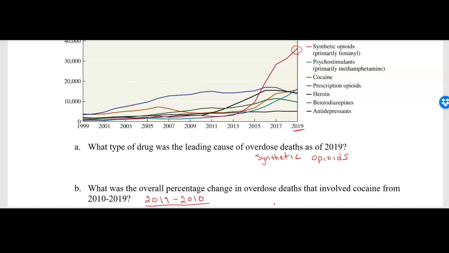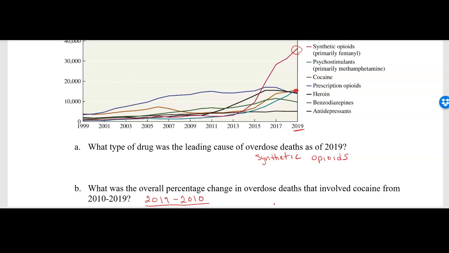For example, if we look at 2019, here's the color, this kind of orangish color is what we're looking at. It goes right here. So this is the number we're looking at, right where you see me circling. If I go across, it looks like it's just over 15,000.